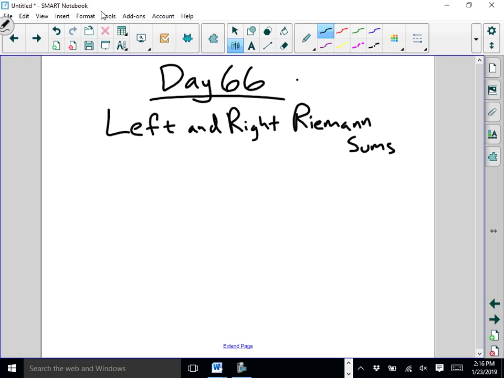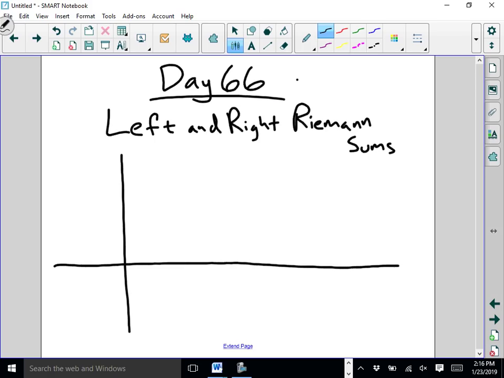So I'm just going to sketch a graph here. So here comes my function. So here's my function f of x. And let's call it a here and b here.